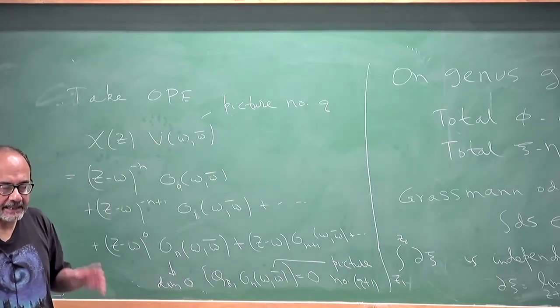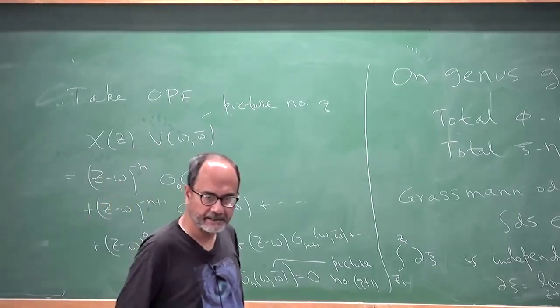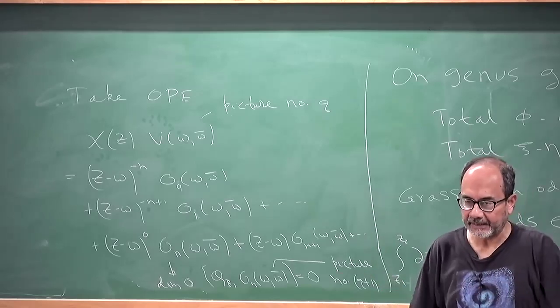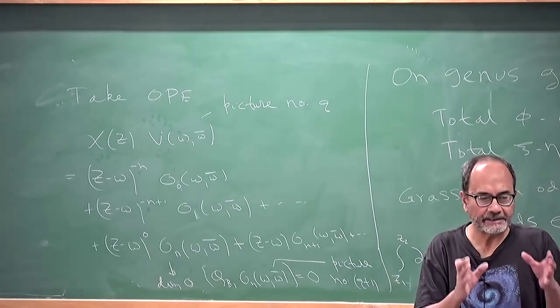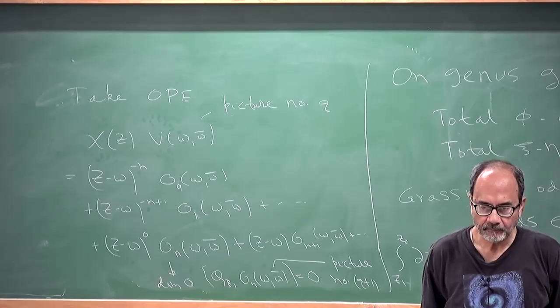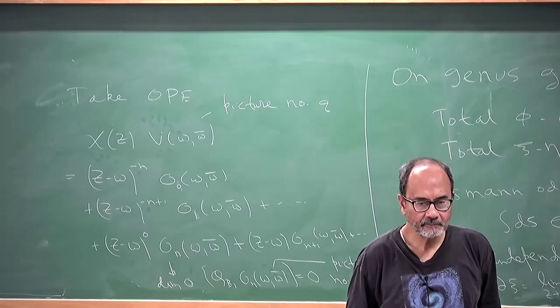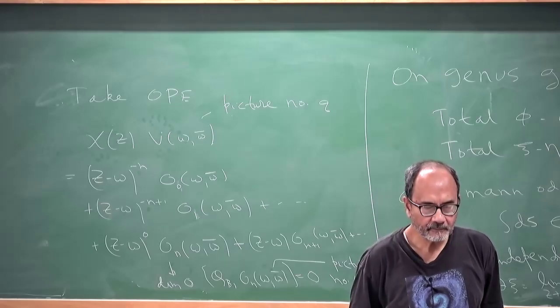So what this is telling us is that using the picture changing operator chi, we can map an element of cohomology in picture number Q to an element of the cohomology with picture number Q plus 1. Similarly, this is raising and the one with the eta will lower.